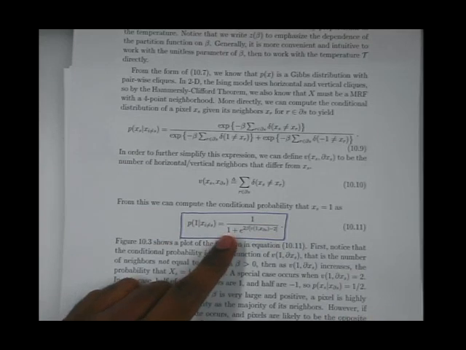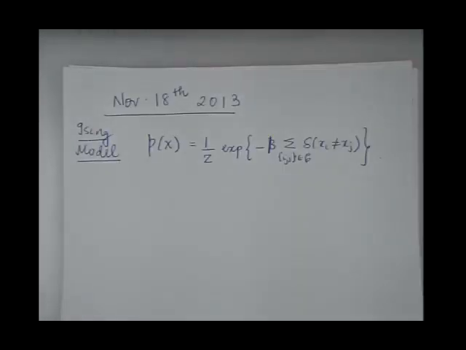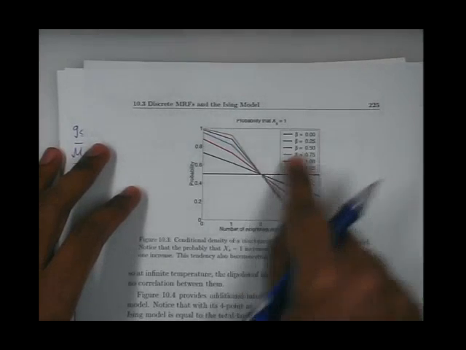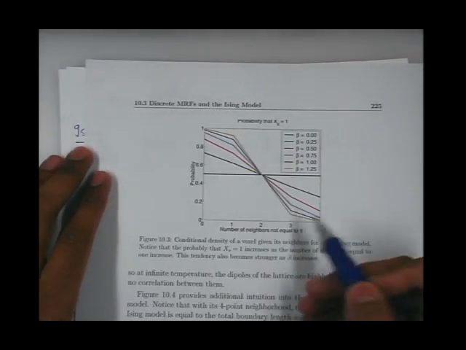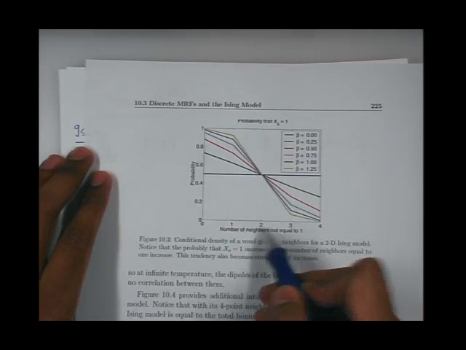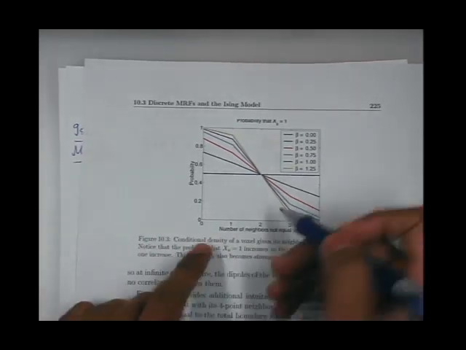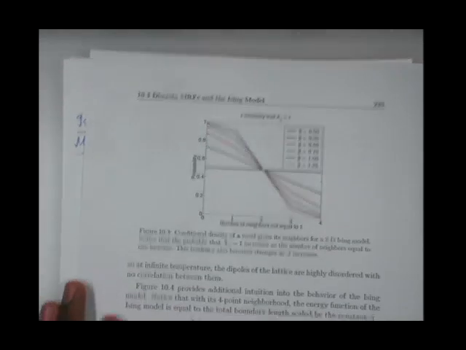So when beta was large, it encouraged a pixel to be the same value as its neighbor. That was given by this graph, where we saw that as the values of beta went up, and as the number of neighbors equal to 1 went down, the probability of that pixel being 1 goes down. So that was one result we saw.